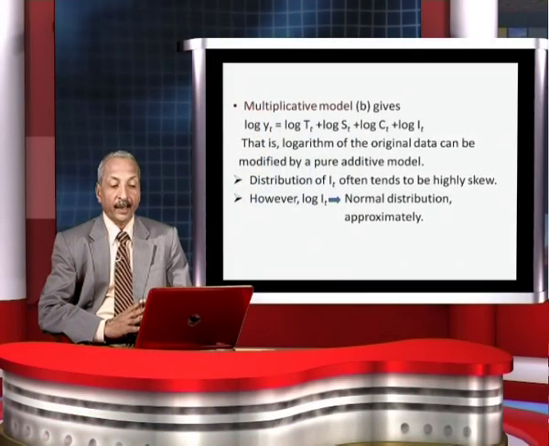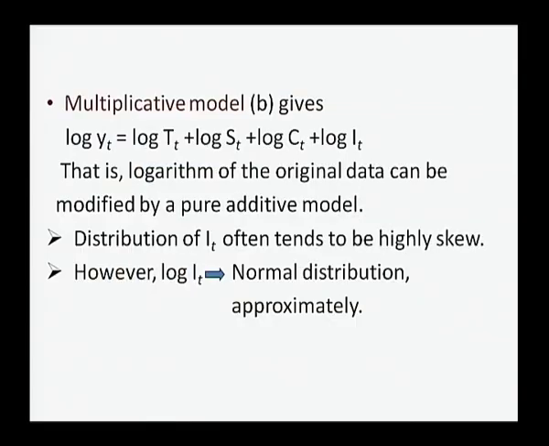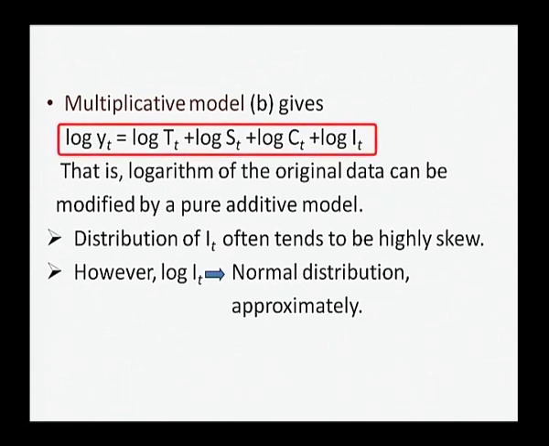The multiplicative model gives, that is, when we take the logarithm on both sides of the multiplicative model, then it gives log of yt equals log of tt plus log of st plus log of ct plus log of it. That is, the logarithm of the original data can be modified into a pure additive model.